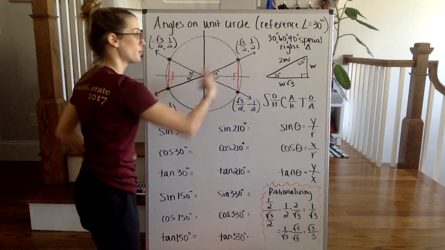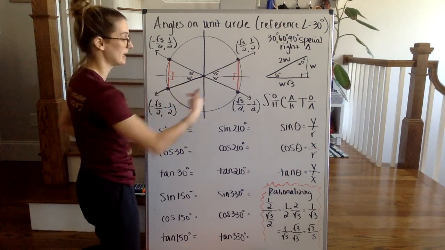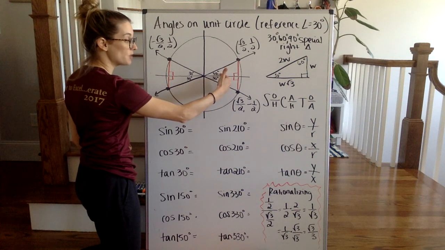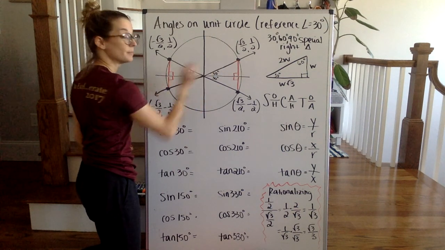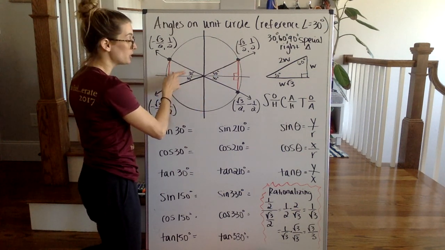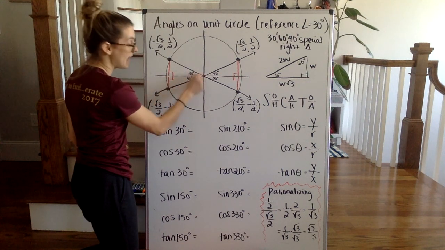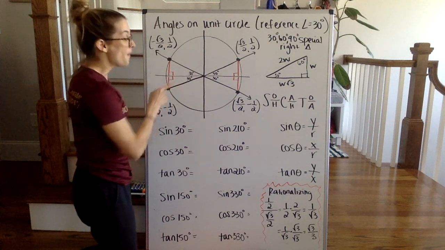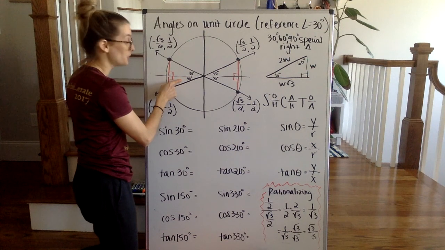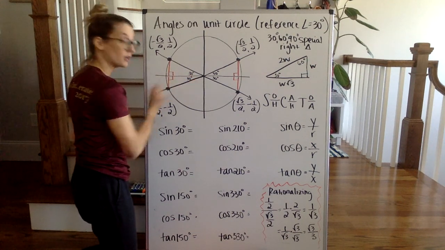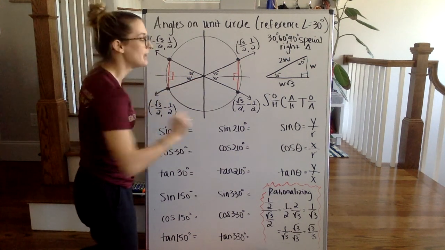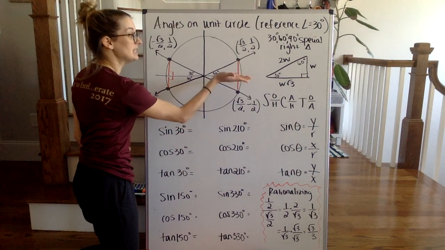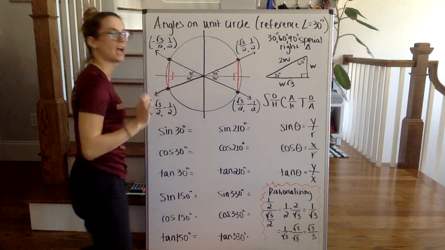And notice where the 30-degree angle, the reference angle, is located. 30 degrees shows up between the x-axis and the terminal side. Again, 30 degrees, your reference angle, shows up between the x-axis and the terminal side. And one more time, 30 degrees shows up between the x-axis and the terminal side of the angle.